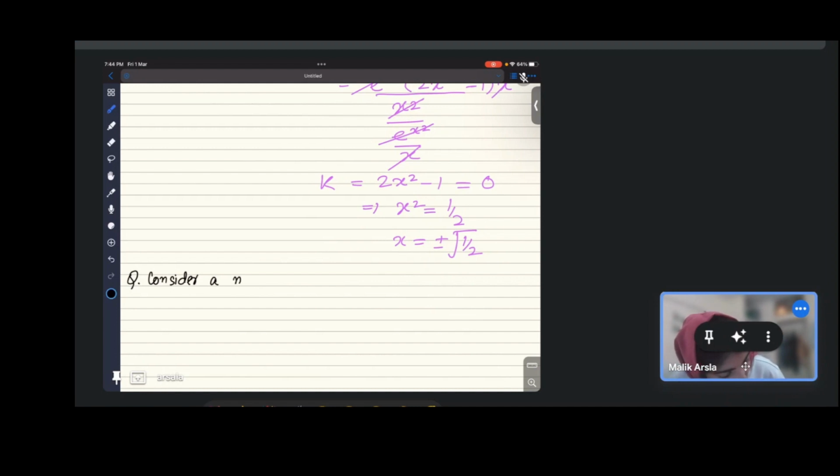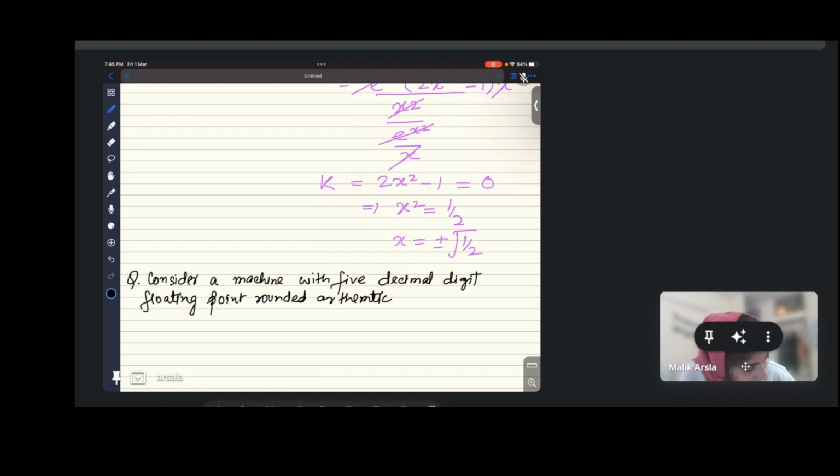Consider a machine with 5 decimal digit floating point rounded arithmetic, and then consider the sequence xn defined recursively.